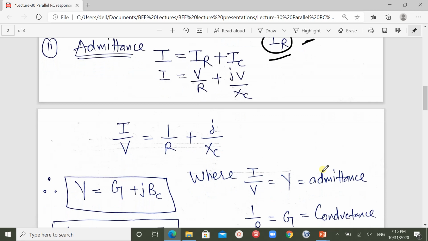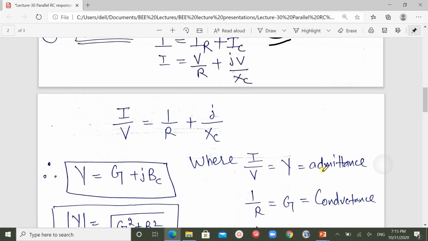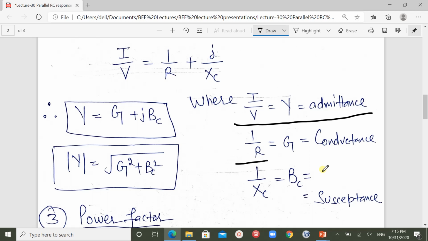We put the value of IR, V upon R plus JV upon XC, and V comes out and we put I upon V, which is admittance, and 1 upon R is conductance, and 1 upon XC is the susceptance. These terms I have written here. I upon V is the admittance, 1 upon R is the conductance, 1 upon XC is the susceptance, and it is given by BC. In the case of inductance it is written as BL.